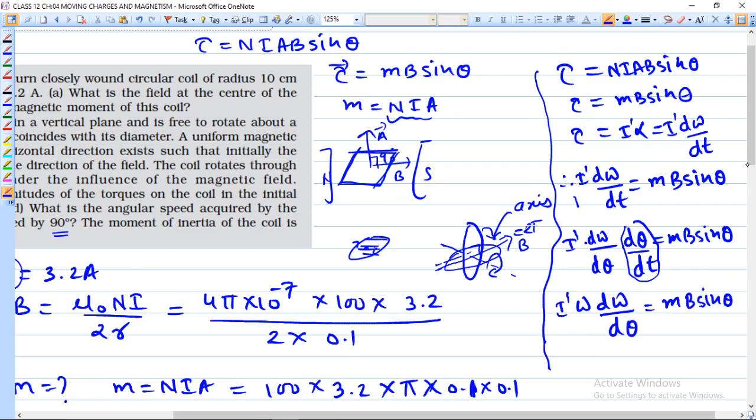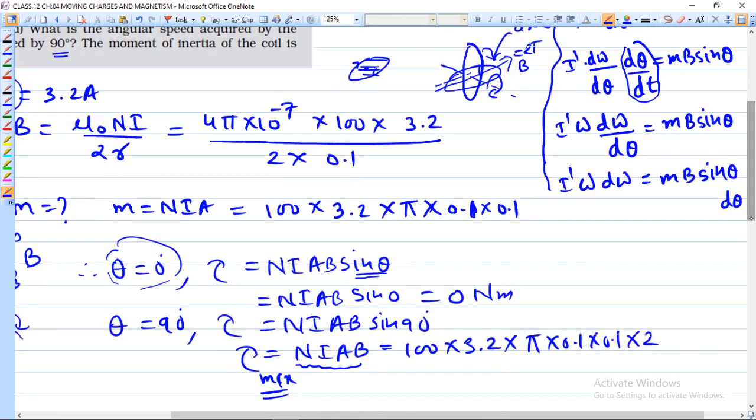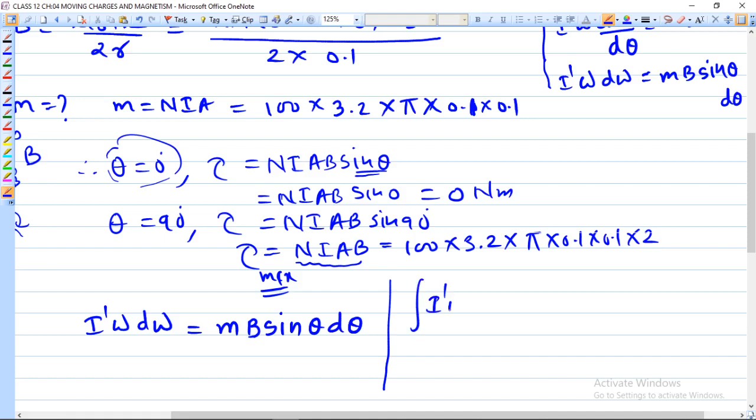Then I dash omega d omega is equal to MB sin theta d theta. Clear? So now let's integrate it.